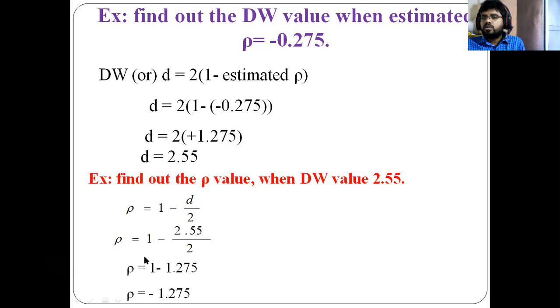When you divide 2.55 by 2, you get 1.275. So rho is equal to 1 minus 1.275.